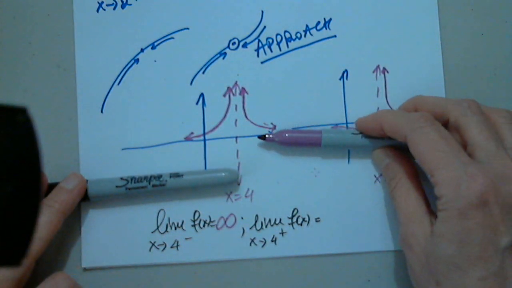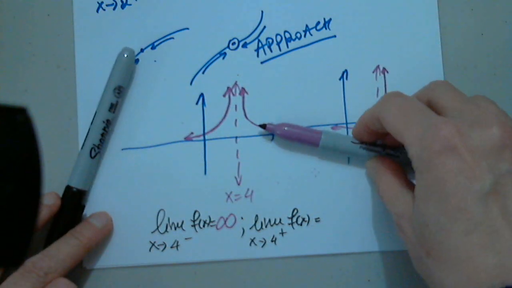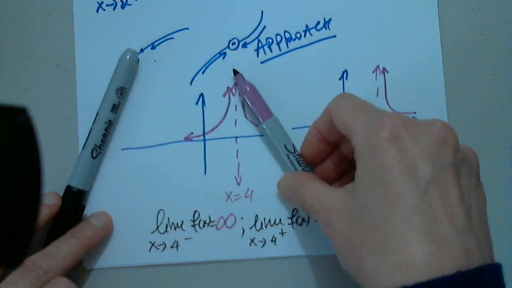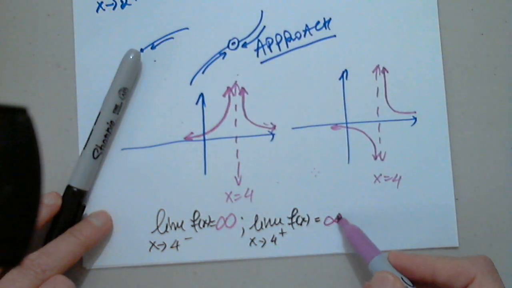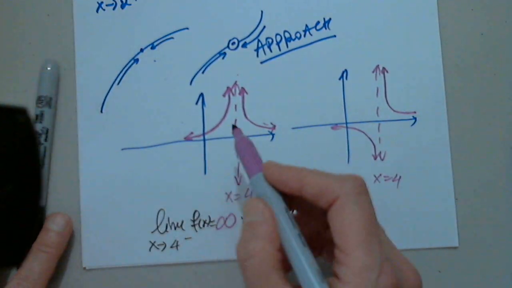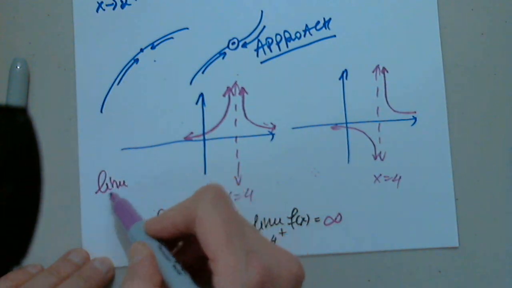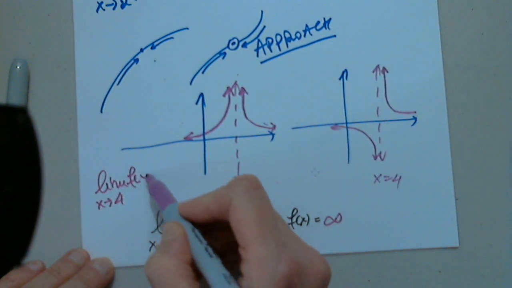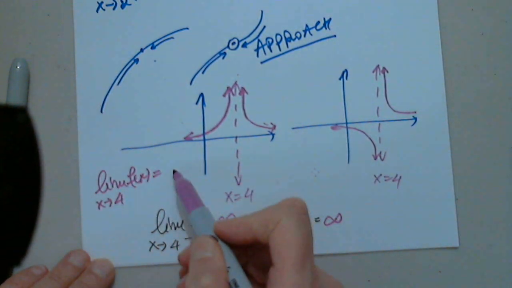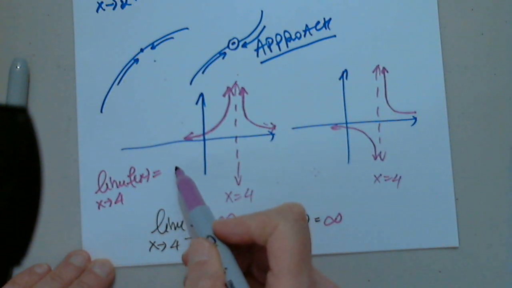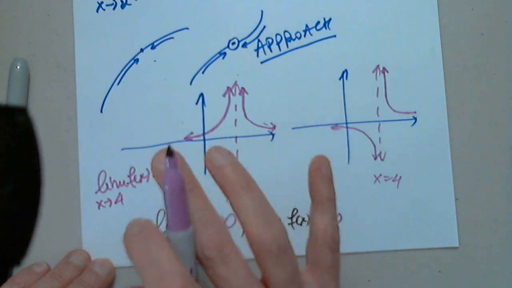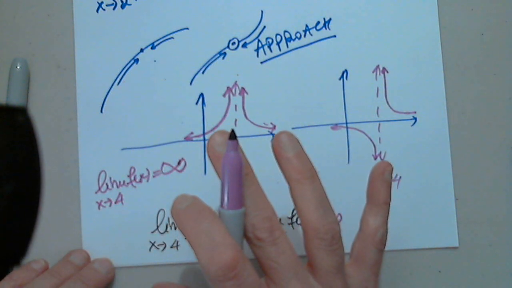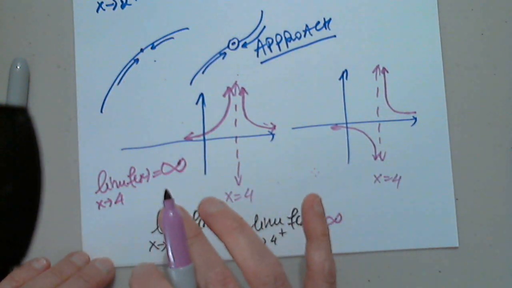As x approaches 4 from the right, the function values get closer and closer to infinity. Good. What will be for this function the limit from either side? Infinity. Good. However, I'm not going to write it. It's still DNE. But I have to write infinity.